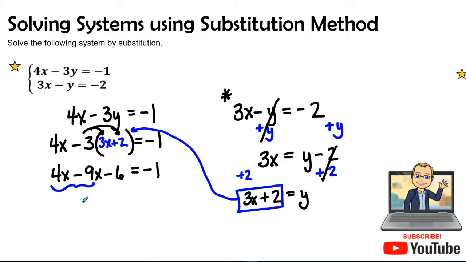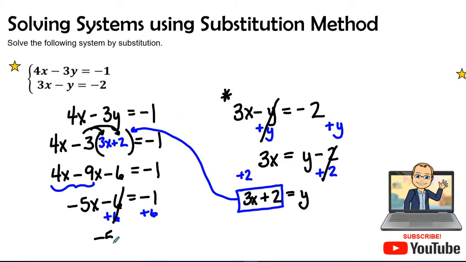So it looks like I need to combine these terms of 4x and a negative 9x, which gives me a negative 5x, minus 6 equals a negative 1. I need to add 6 to both sides, which gives me 0 here.